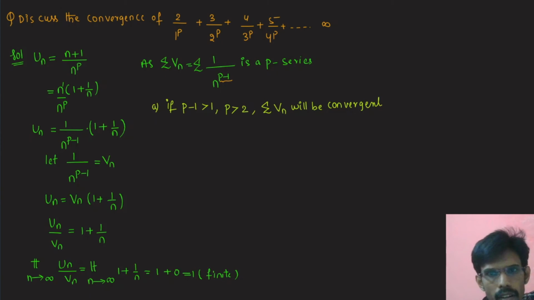If this power p minus 1 is less than or equal to 1, then sigma vn will be divergent.